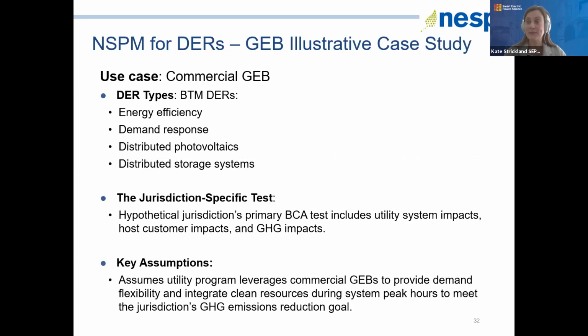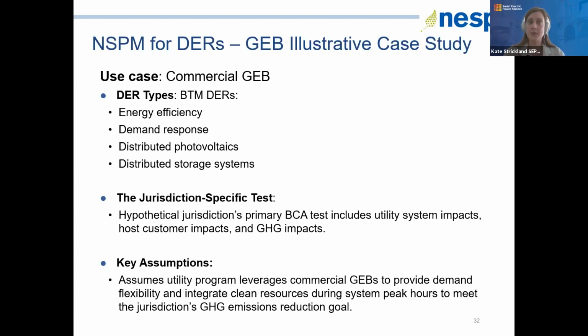Next slide, Julie, please. So, getting to the illustrative case study. We included this case study within the NSPM in order to really demonstrate key factors and challenges, including interactive effects, and to dive a little deeper in terms of analysis. A note that this is illustrative, however, based on typical experience and data. Our use case here is a commercial GEB.